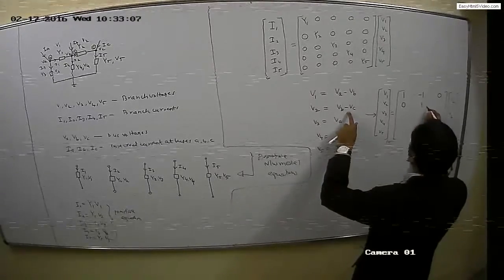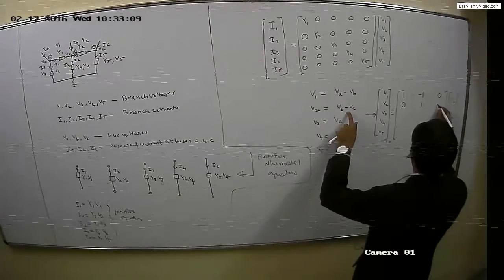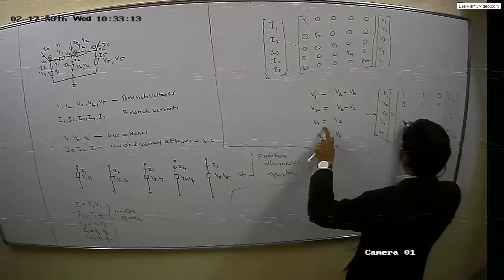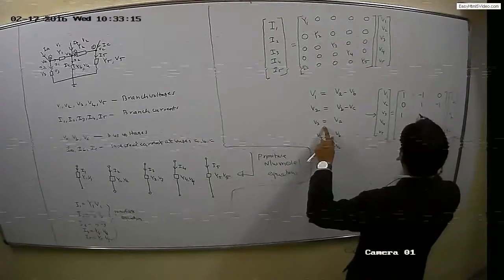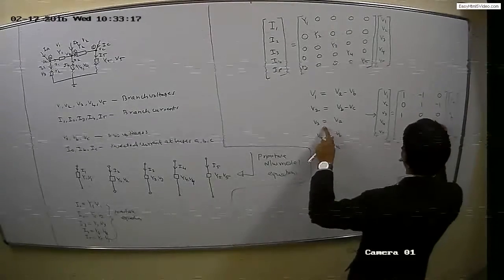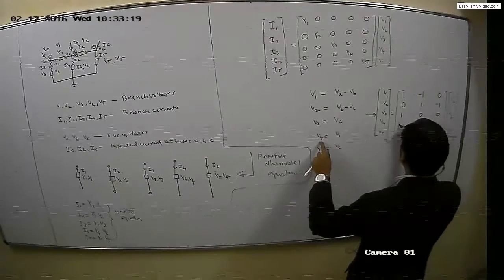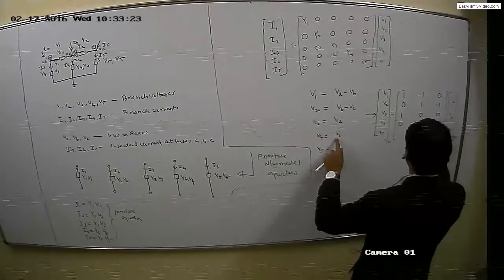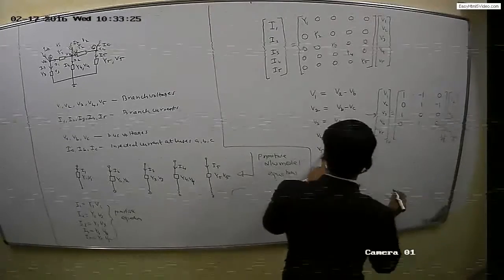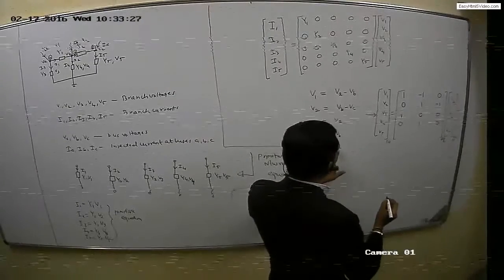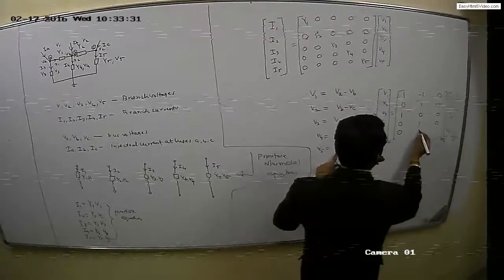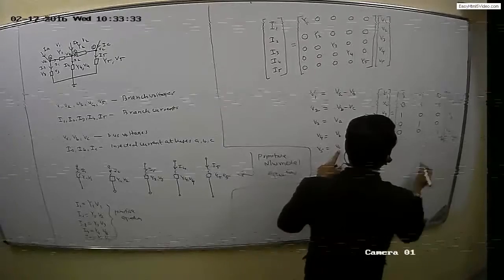So this is 0, VB element 1 and VC element minus 1. Third, V3 is equal to VA. So this is 1, the other elements are 0. V4 is equal to VB, 0, this is 1 and this is 0. Now V5 is equal to VC. So this is 0, this is 0 and this is 1.